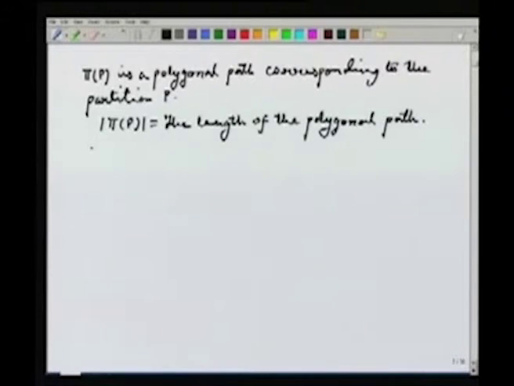Now, given any point (x, y) in R2, I define by the norm of (x, y) the distance of the point from the origin given by the Euclidean distance, which you know from coordinate geometry is given by the square root of x squared plus y squared.